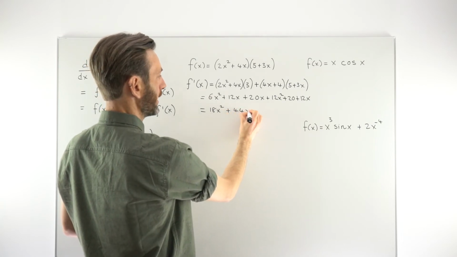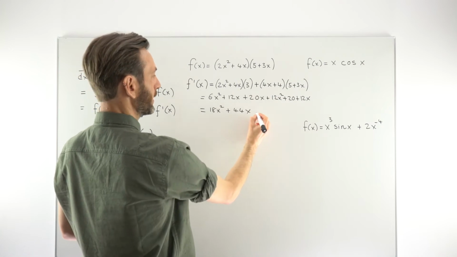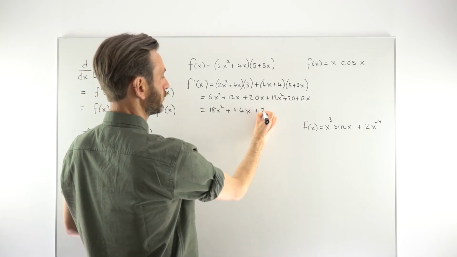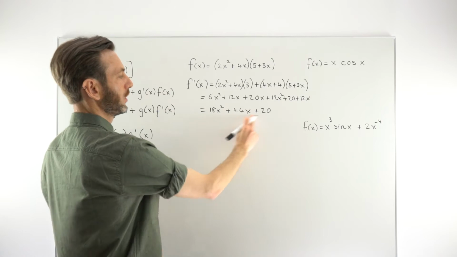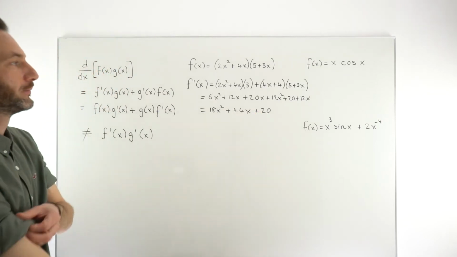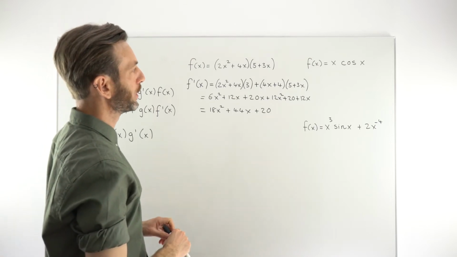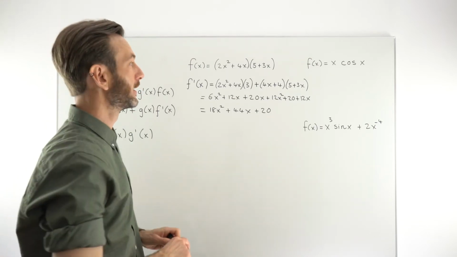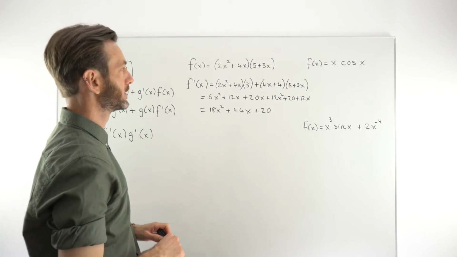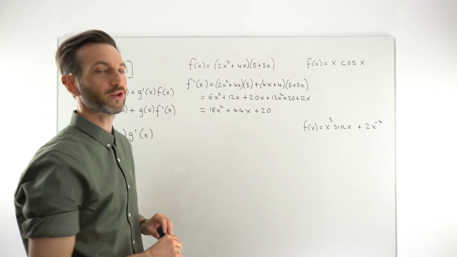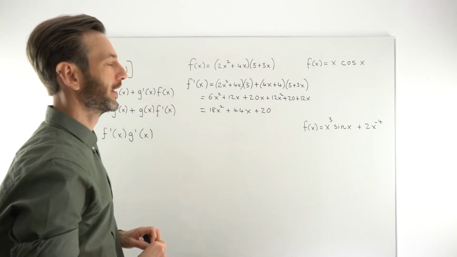So we get 44x, and then our only number term is a 20, so it's plus 20. So it comes out to be this sort of trinomial, this quadratic form. Now again, if we did multiply out the brackets, we would just get the same result anyway. And we'll just leave that. We'll just trust that the product rule has worked in that case.